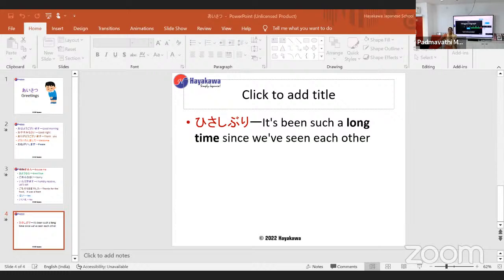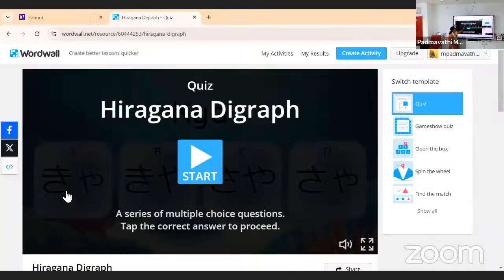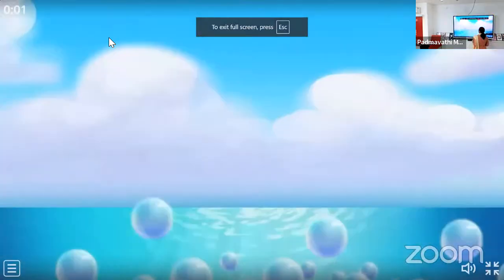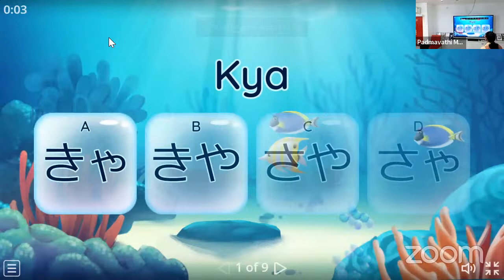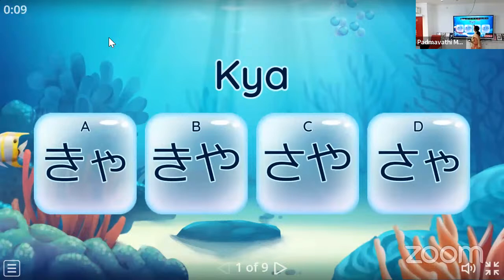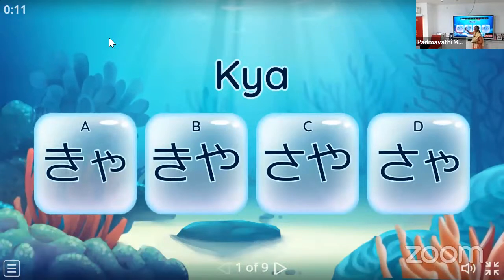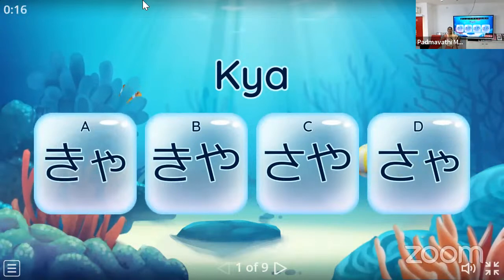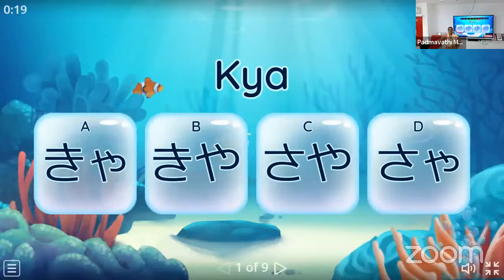When you share, you can share it with sound also, those who are sharing the screen. It is going to be in a quiz pattern like this. You have to read the English version, which is in Romaji, and check the right hiragana. Similarly, in the other link also, you must choose the right one.